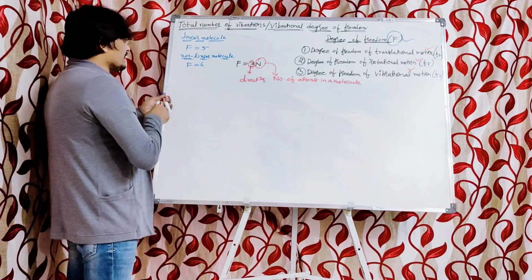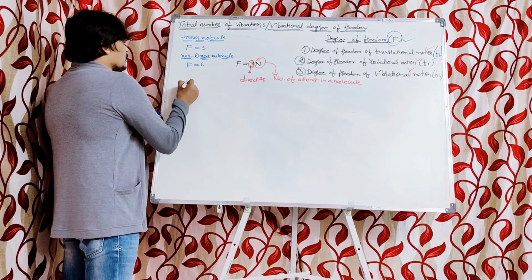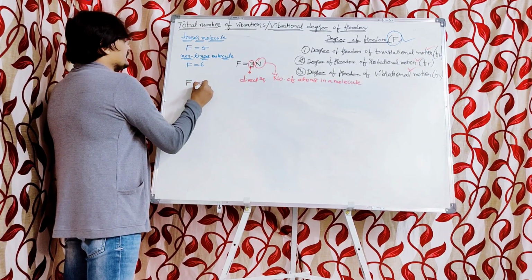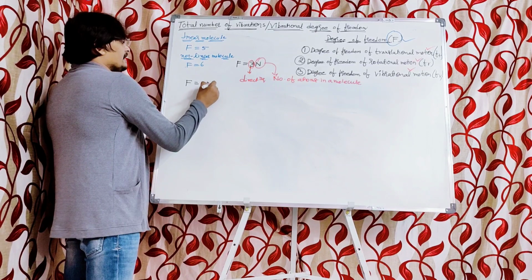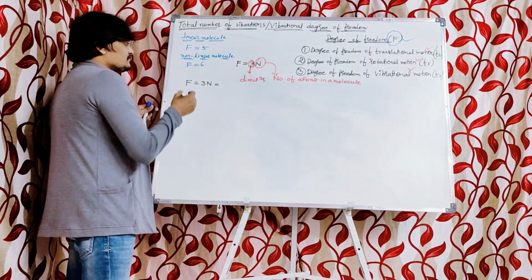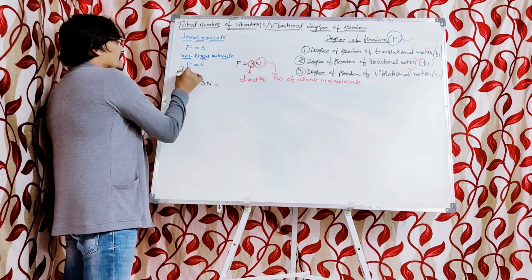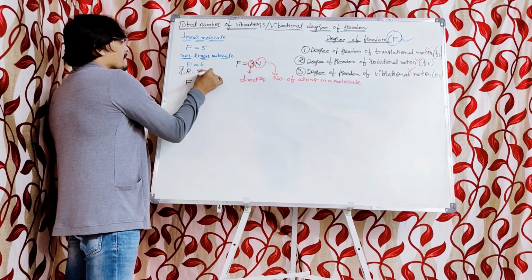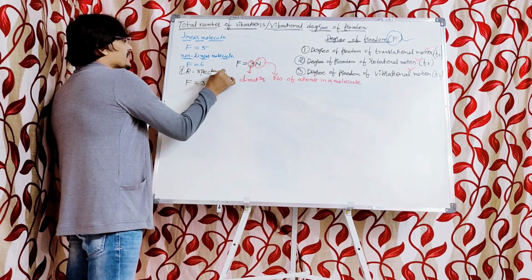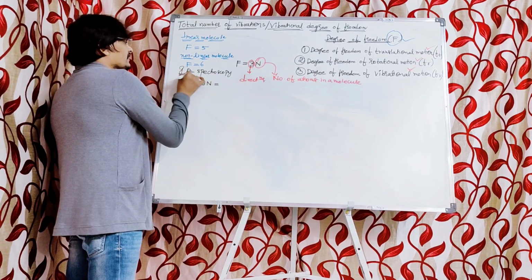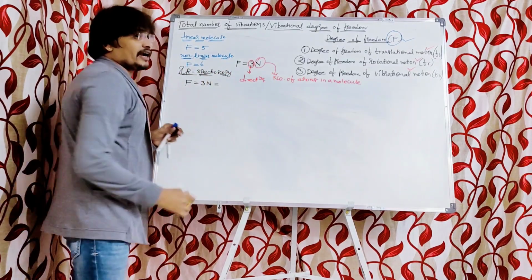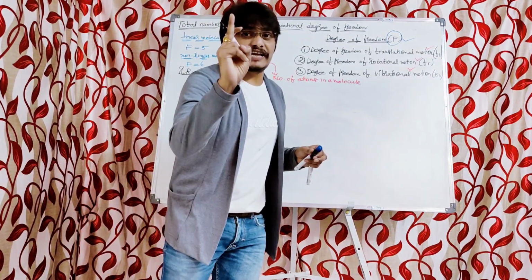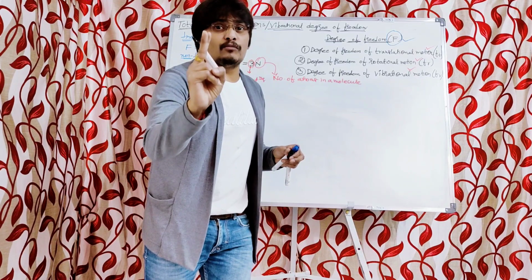So accordingly, F is equal to what? 3n, this is for IR spectroscopy. Whenever IR radiation is passed on the molecule, 3 motions are possible. Under normal conditions, only 2 motions, translational and rotational motion, are possible.